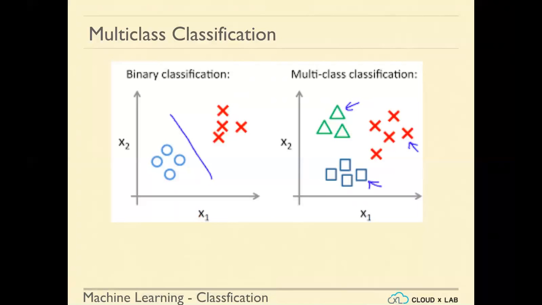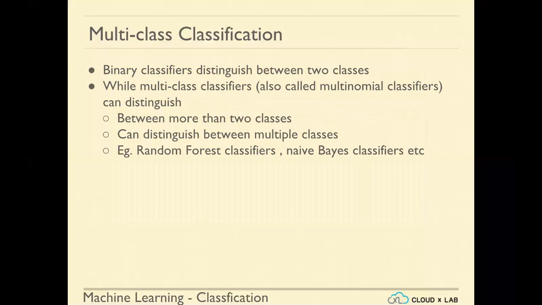Our MNIST original was multi-class classification. A binary classifier distinguishes between two classes, while a multi-class classifier distinguishes between more than two classes.